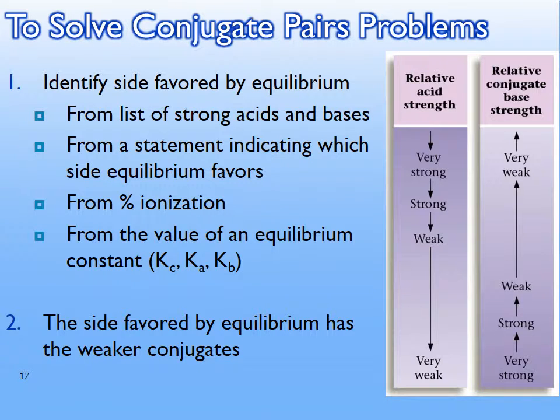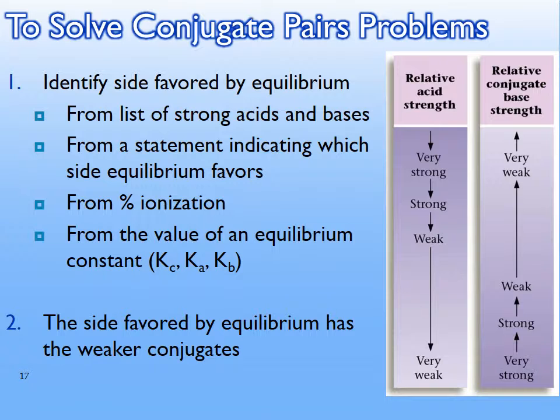Okay, so here's a pattern for solving the conjugate pairs type of problems. You want to identify the side that is favored by equilibrium. You can know this from a statement indicating which side is favored, from percent ionization, because if the problem says that going forward the reaction is 20% ionized, then you're dealing with a weak acid or base.